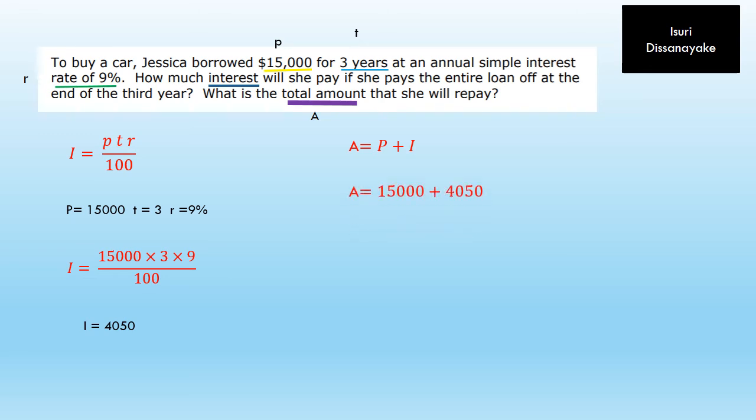So, the total amount of repayment is 15,000 added to 4,050, which is 19,050. So, in this question, there are two parts. Firstly, you have to work out the interest. Thereafter, you have to add that to the principal borrowing to show the total amount.